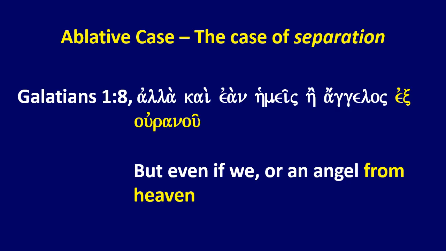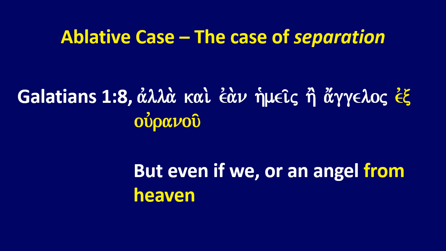We see that here with Galatians 1, verse 8, where it says, "But even if we, or an angel from heaven." Now, in this instance, there's actually a preposition that means from or out of, namely ek or ex, as it's used here.